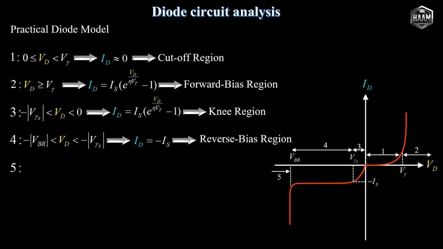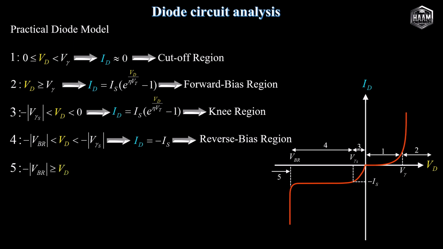If the reverse voltage exceeds the breakdown limit, meaning V sub D is more negative than minus V sub breakdown, we enter reverse breakdown. Because the breakdown parameter is listed as positive in manufacturer catalogs, we explicitly apply a negative sign in circuit equations.